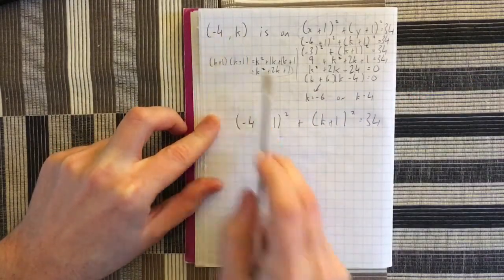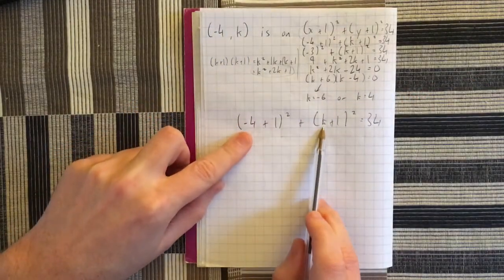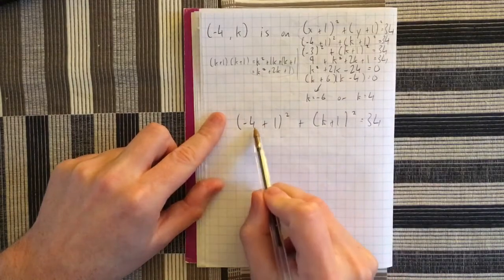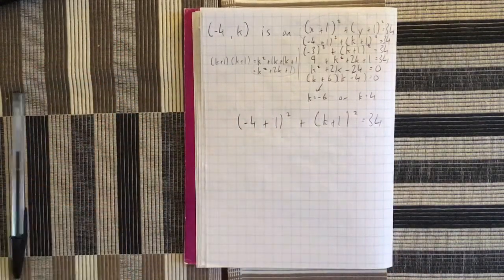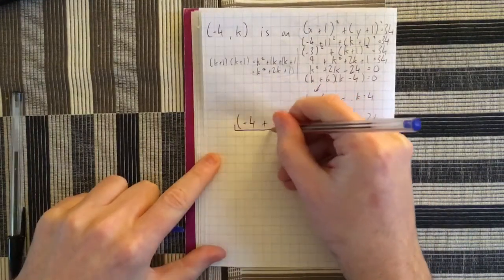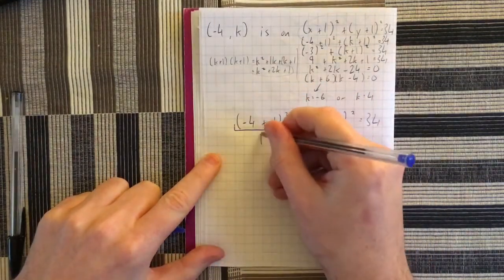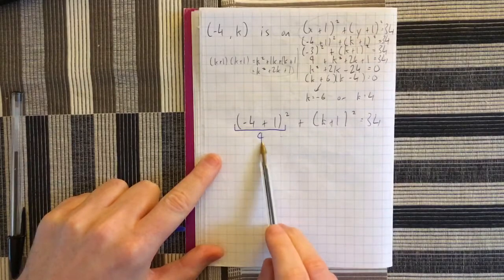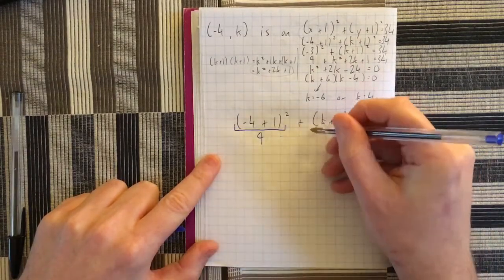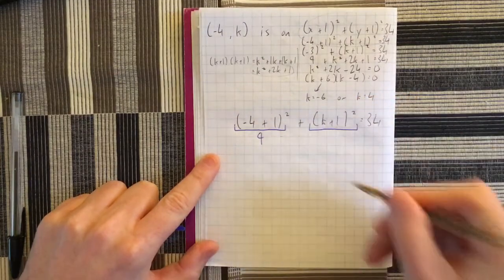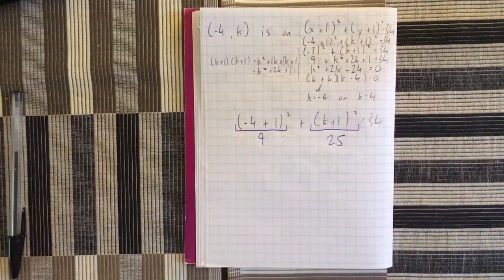So that's sub in the -4 and the k for x and y. Now, -4 plus 1 is -3. (-3)² is 9. So this bit is equal to 9. So 9 plus something equals 34. So 9 plus 25 is equal to 34.